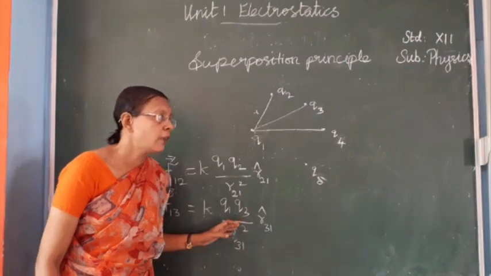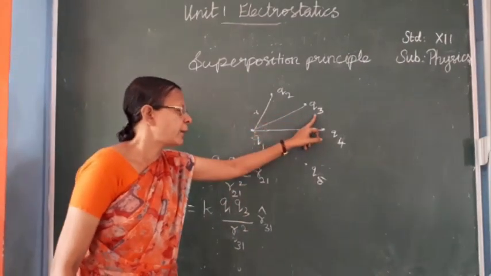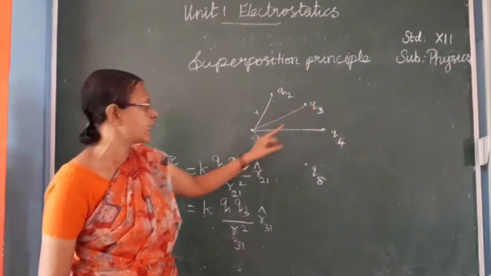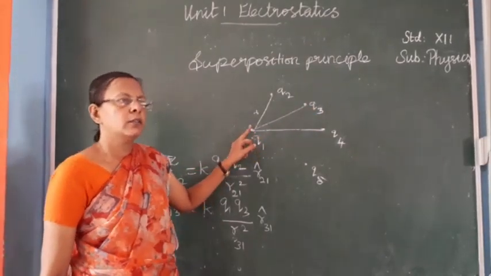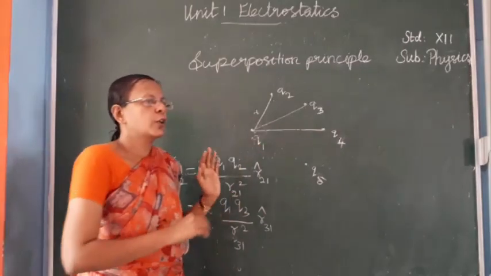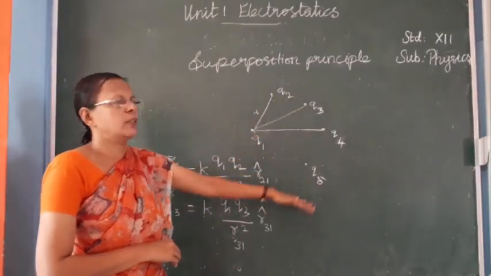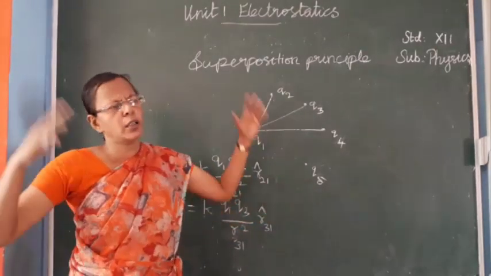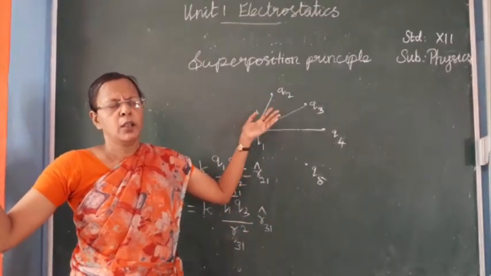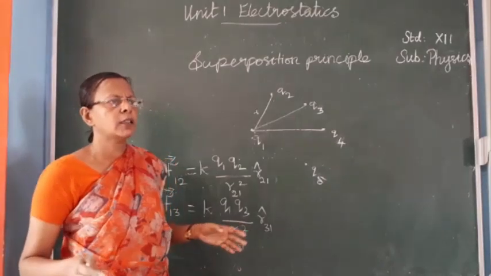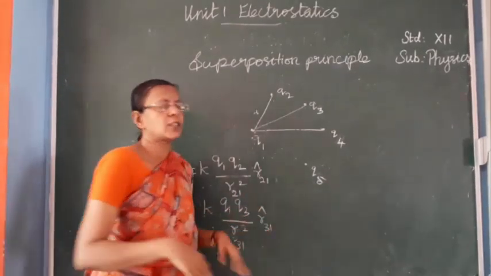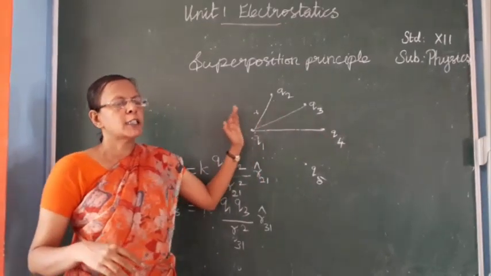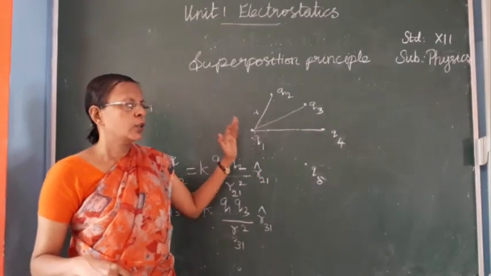So this is because of the point charge Q3. This point charge Q3 is exerting another force upon this Q1. Like this, all the charges in that system, not only 5, lakhs and many, we cannot say the number, such a number of charges are acting upon this particular charge Q1.